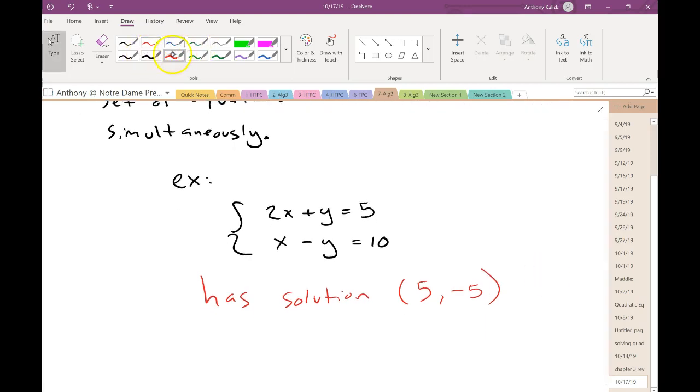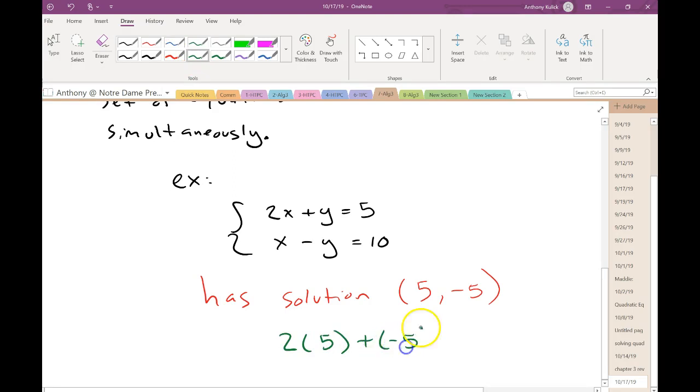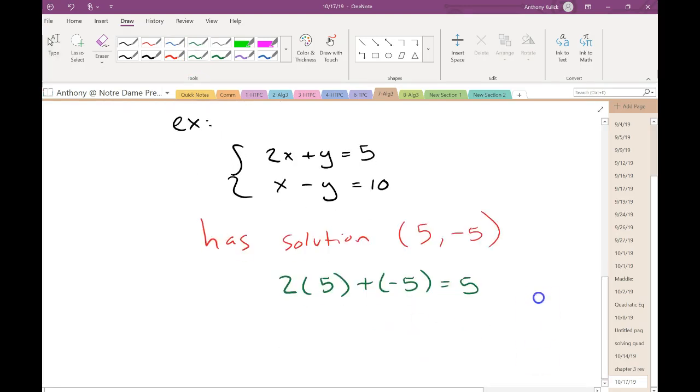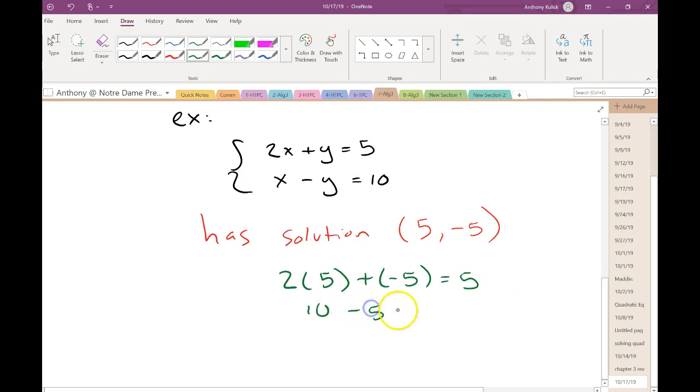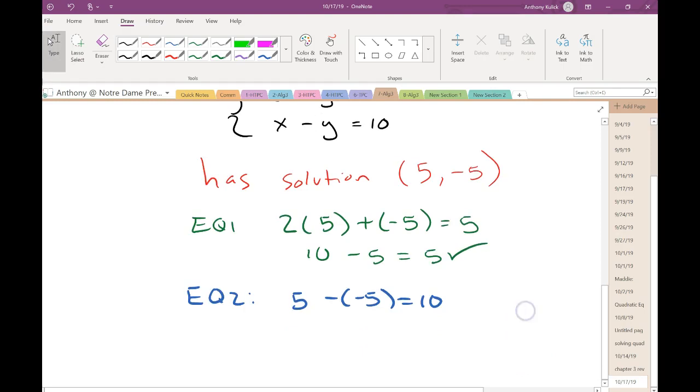What that means is if I substitute that solution into the first equation, that works. And if I substitute it into the second equation, we see that that also works, right?